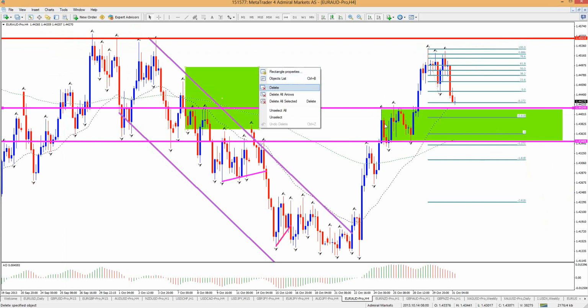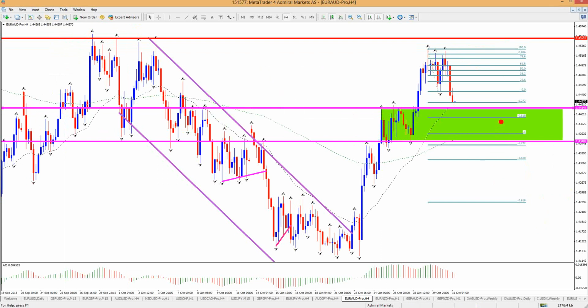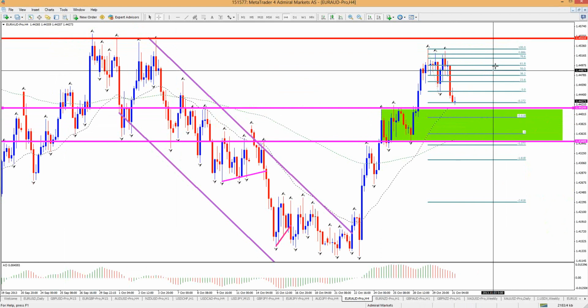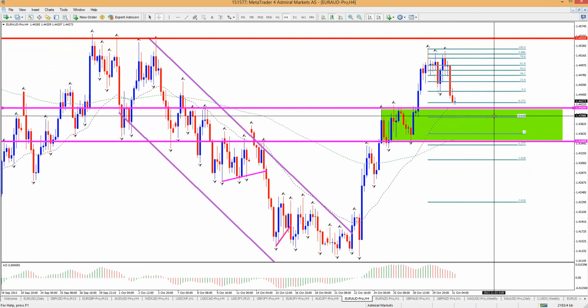So let's see. The minus 618 could be more valuable, but you could use the bottom here as a stop loss. That's about 50 pips. It is quite a big stop loss though, compared to the potential reward, which is maybe about 100. So it will only be a 2-to-1.